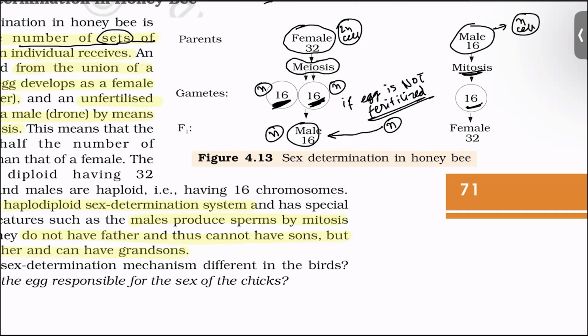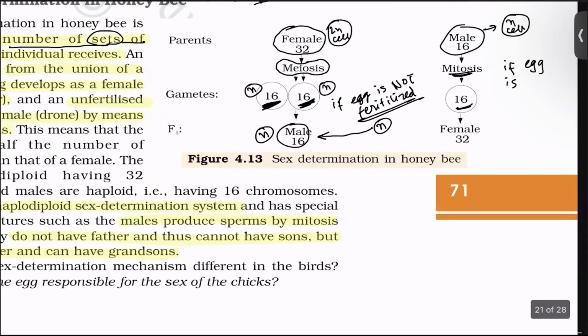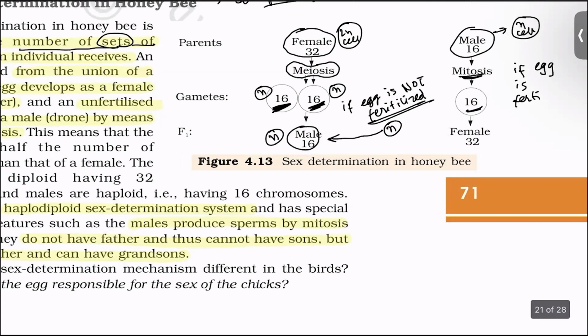And if the egg is fertilized, then the zygote would be diploid, and the diploids will further develop into female.